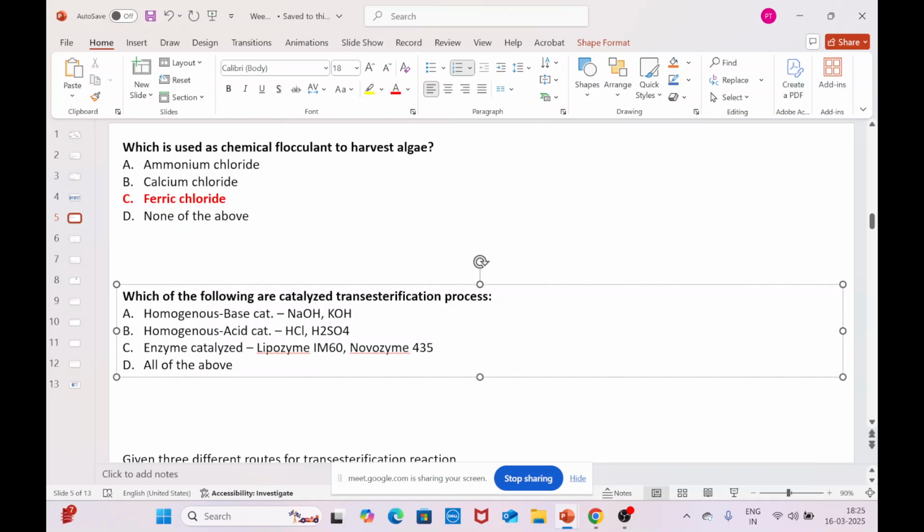We discussed the limitations if soap forms within the system: it degrades the quality of the fuel and affects its properties. So in that case, we can go for acid catalyzed and enzyme catalyzed transesterification. So the option is D.